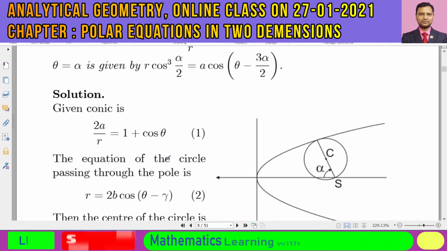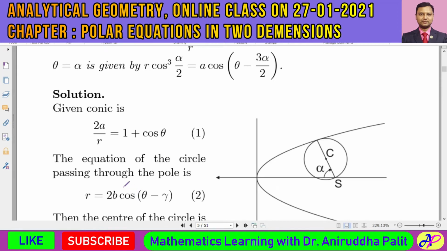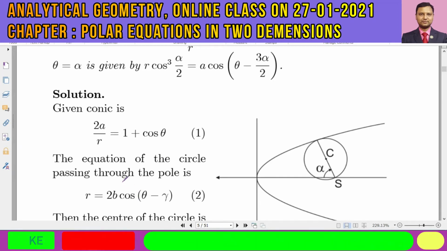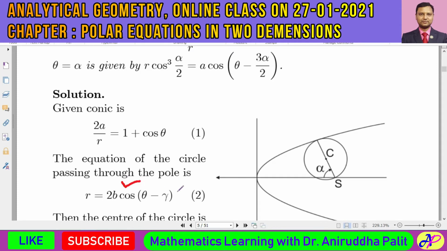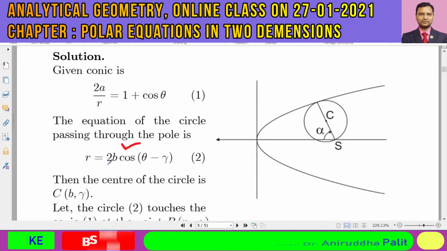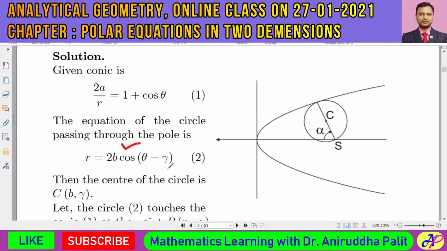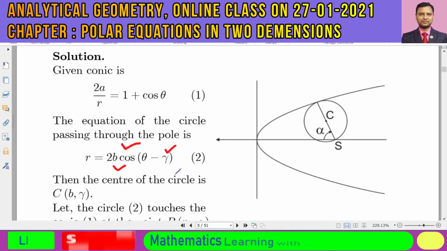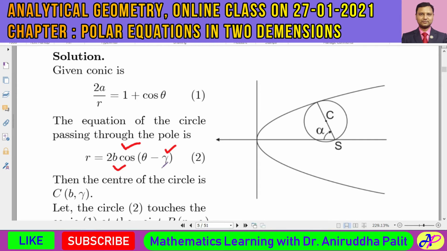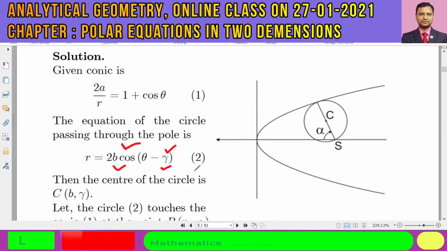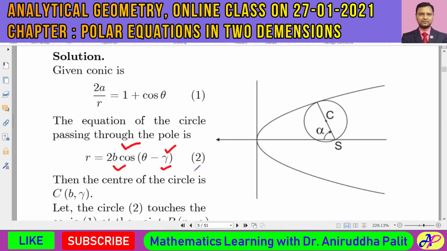We know the polar equation of a circle passing through the pole: r is equal to twice b cos of theta minus gamma, where b is a constant quantity and gamma is also a constant quantity. So we need to determine the values of b and gamma. We need to determine the equation of this kind of circle.